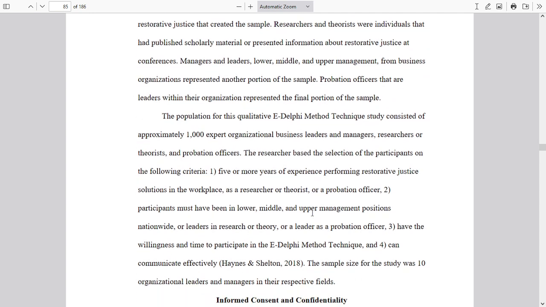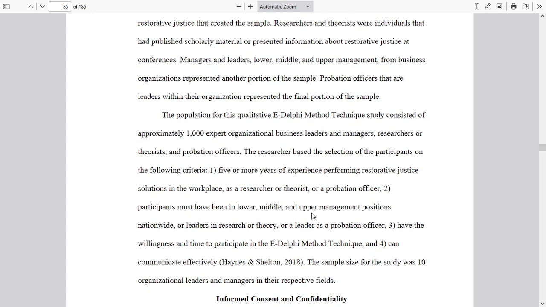So, 5 or more years of experience performing restorative justice solutions in the workplace as a researcher or theorist or a probation officer.